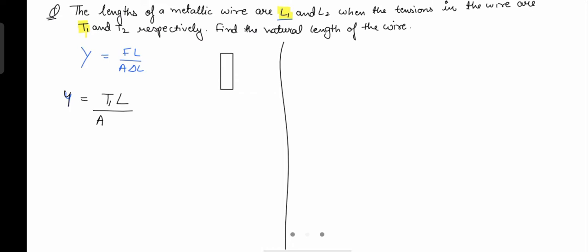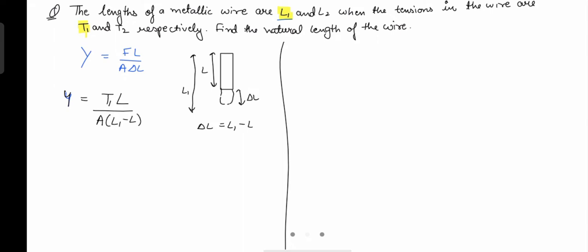Let's say it has been increased by a small length, that is del L. And we have to write about this del L. If the original length is L and the new length is L1, in that case what is del L? This is nothing but L1 minus L. This will be the value for del L, and we can place it over here. That will be L1 minus L, and this will be the value for the first wire.